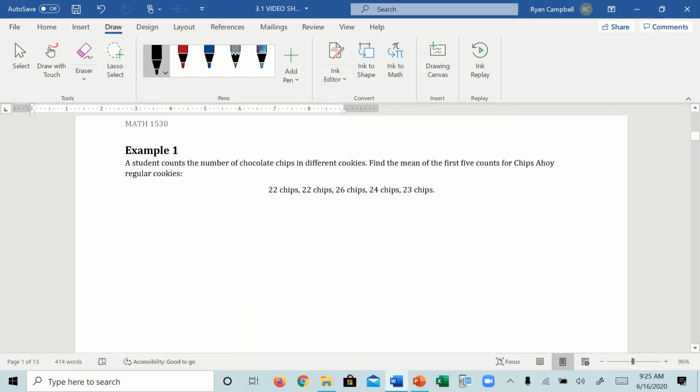All right. So let's look at an example. A student counts the number of chocolate chips in different cookies. Find the mean of the first 5 counts for the chocolate chips Ahoy regular cookies. All right. So how do we find the mean? We just add them up. So 22 plus 22 plus 26 plus 24 plus 23.